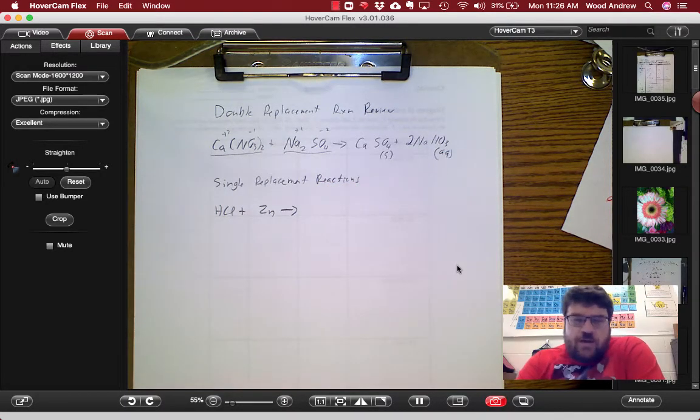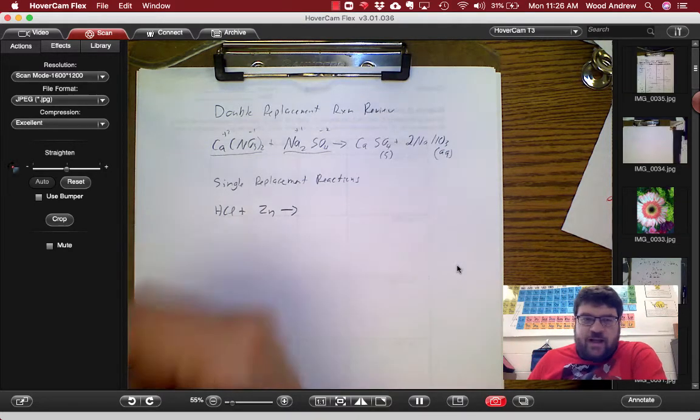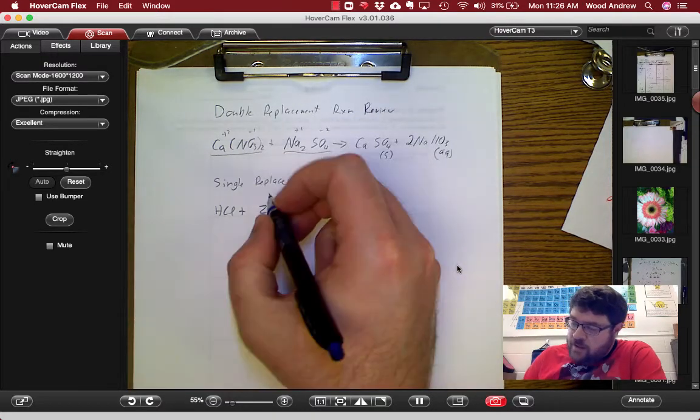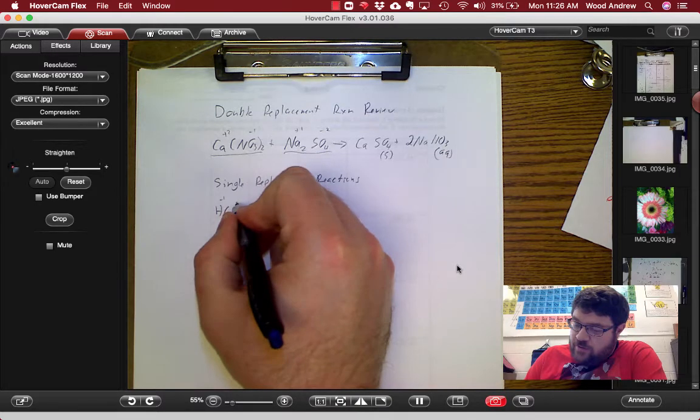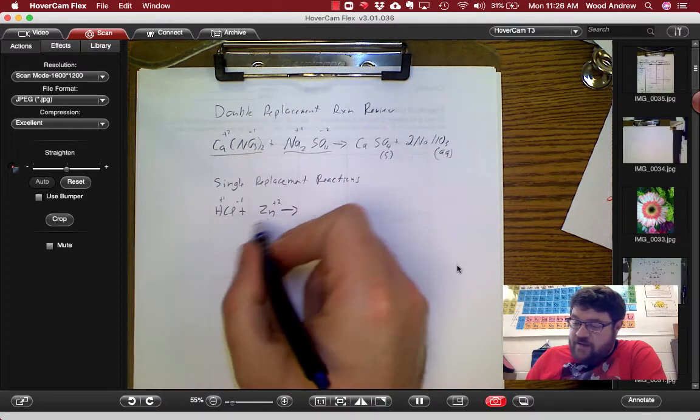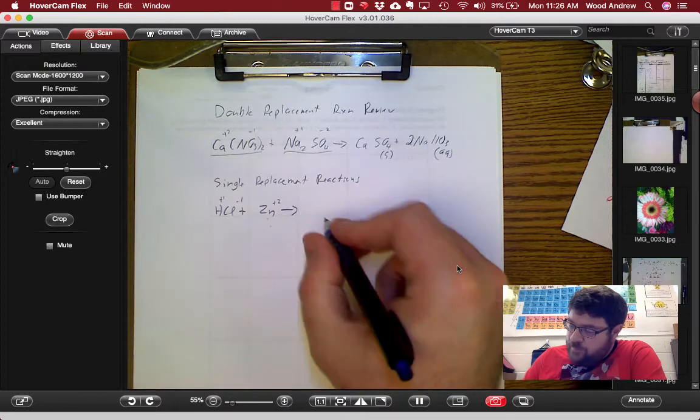And it works more or less the same way. Your positive aspects will trade spots, or your free element will replace something in the compound. Zinc is typically a +2, hydrogen's a +1, chlorine's a -1. So the positive aspects will replace each other.